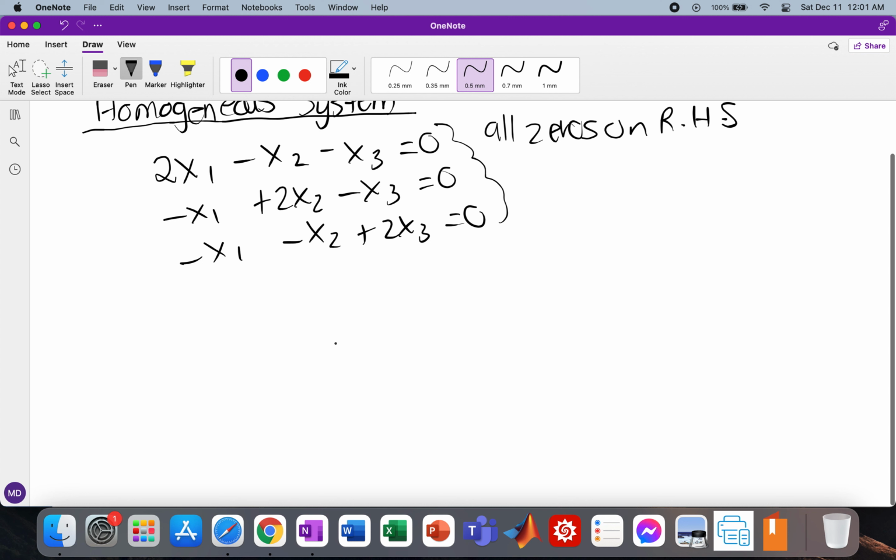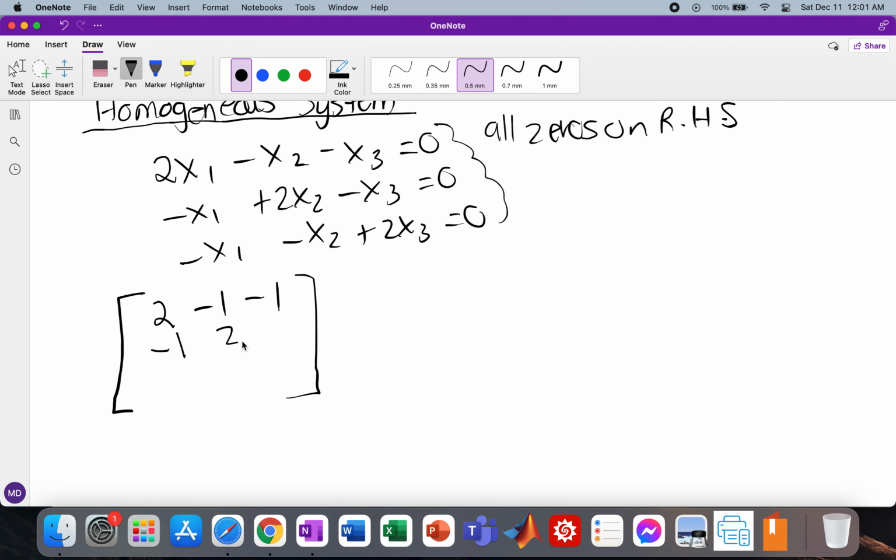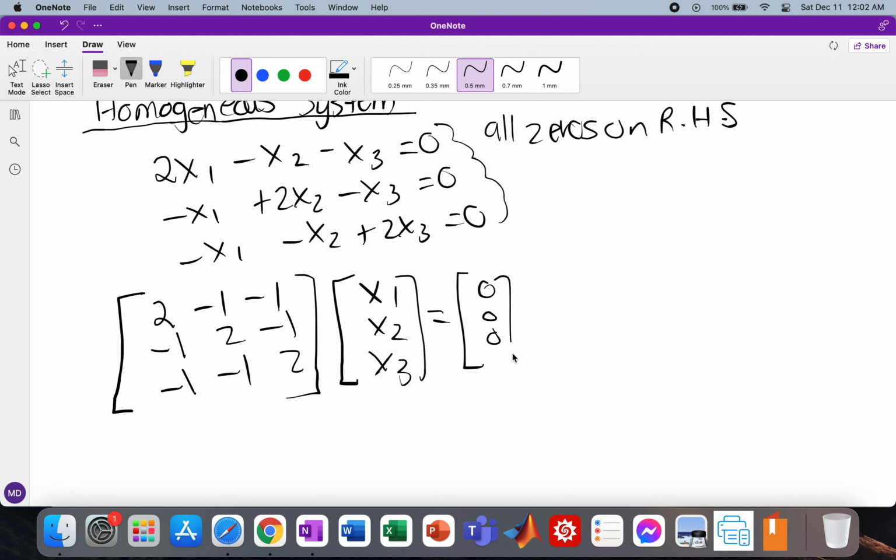In matrix form, the more compact way of writing this system is the matrix with rows 2, negative 1, negative 1; negative 1, 2, negative 1; negative 1, negative 1, 2, times our solution vector we're trying to find, x1, x2, x3, equals 0, 0, 0.